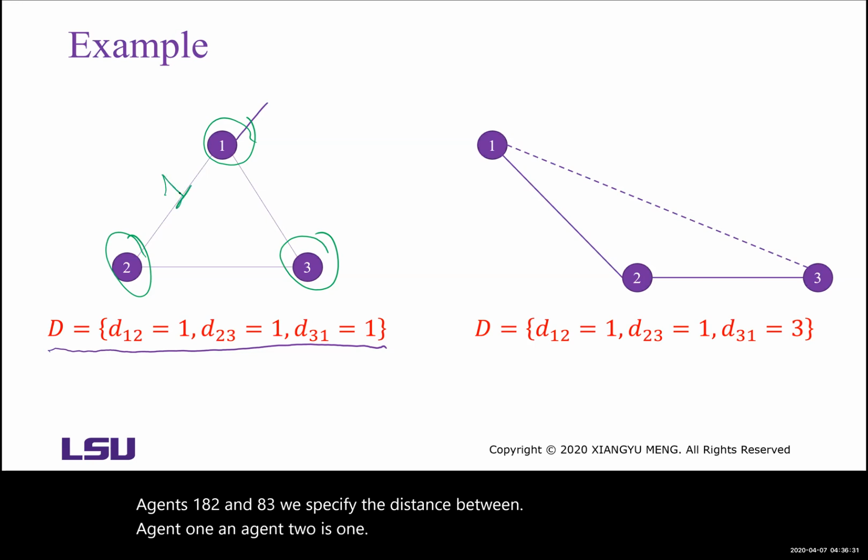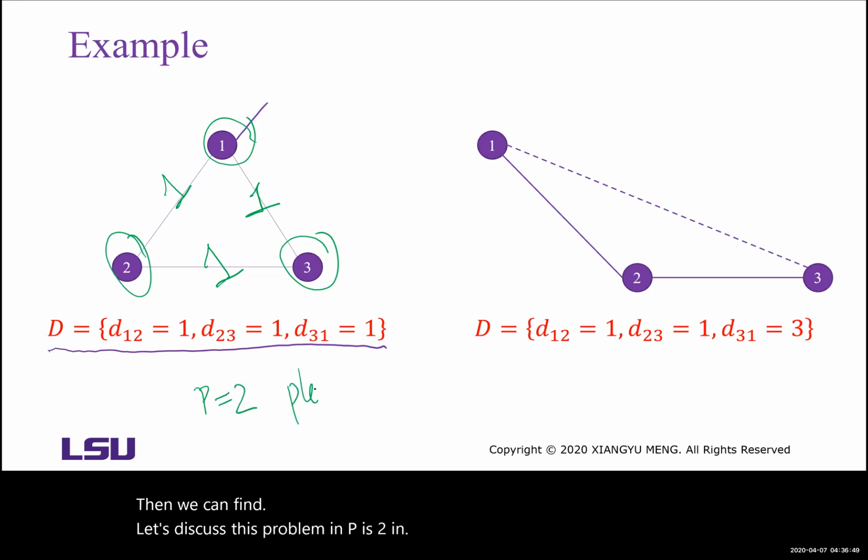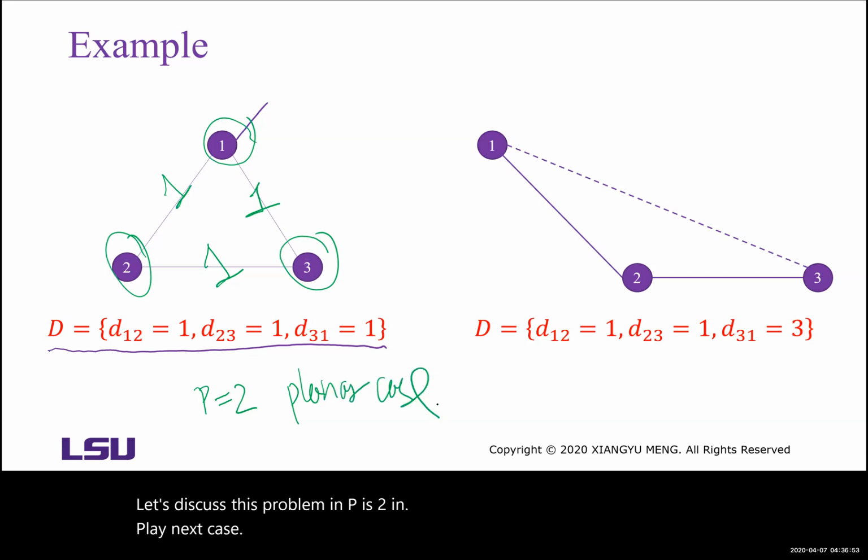The distance between agent 2 and agent 3 is 1. The distance between agent 1 and agent 3 is 1. Let's discuss this problem with p as 2, in the planar case. In this case, we can find points c that make this formation feasible.